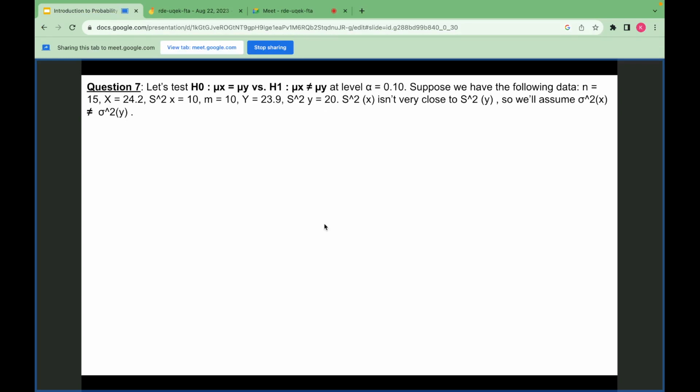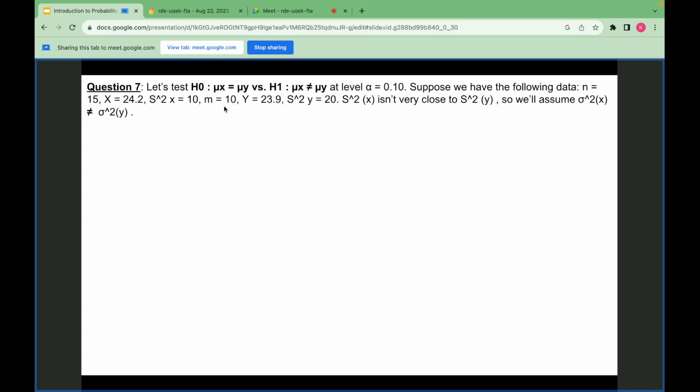So let's test the null hypothesis mu x equal to mu y, and alternate hypothesis mu x is not equal to mu y, and this time alpha is 0.1. Suppose we have this data: n equal to 15, x average equal to 24.2, sample variance for x is 10.